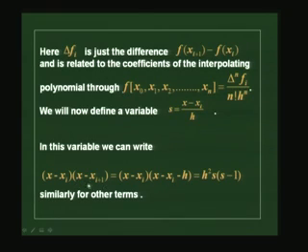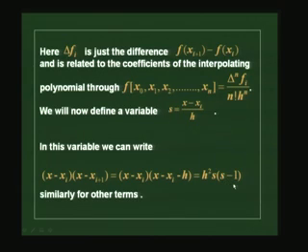That term would become x minus xi, and xi plus 1 we now write as xi plus h. So I can write this as x minus xi into x minus xi minus h. Or, if I write it in terms of this variable, it will be just h square into s into s minus 1.